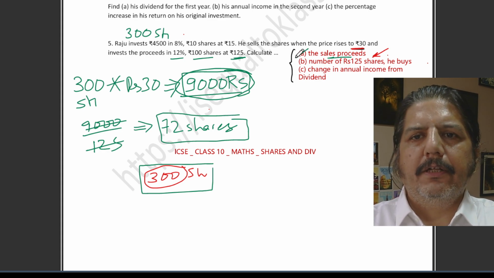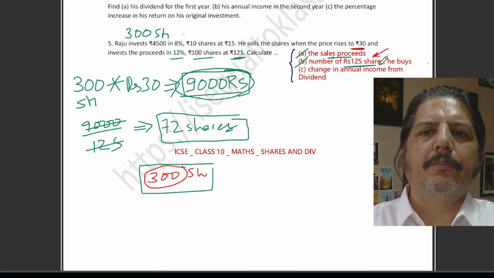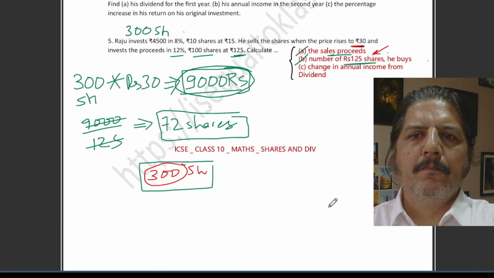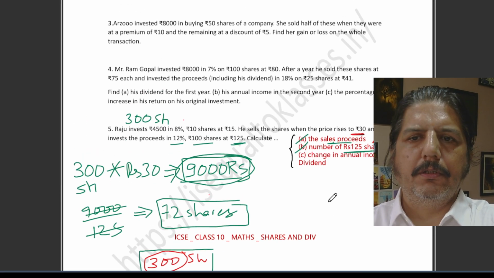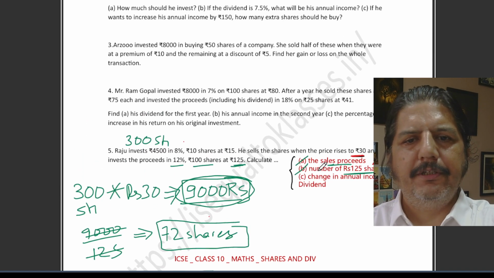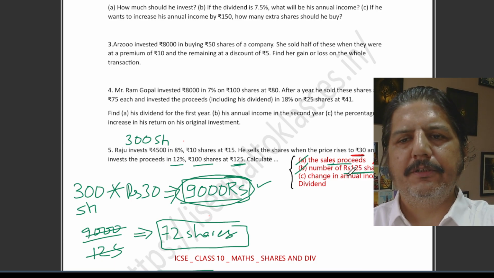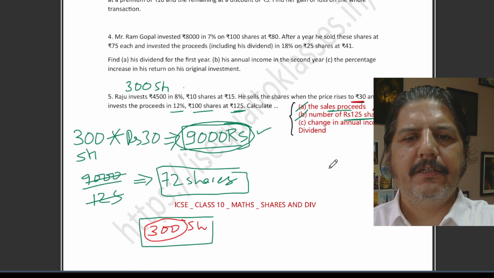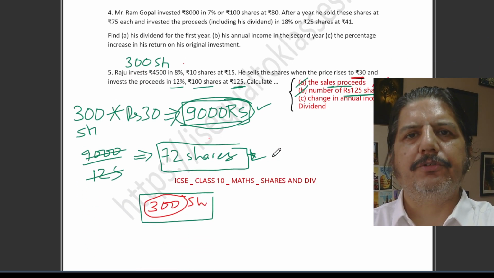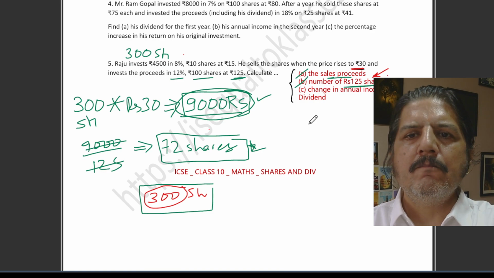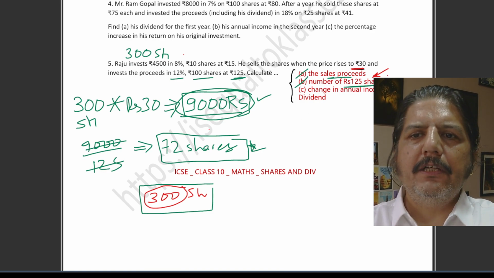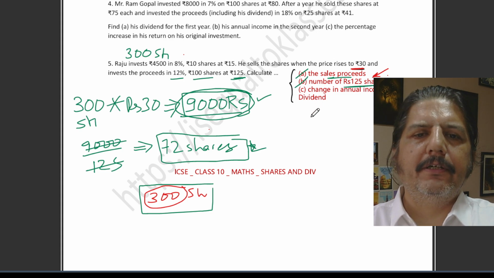So we have done the A part. B part is number of 125 shares he buys. This is the sales proceeds we have done. That is 9,000 rupees. The second part is number of 125 shares he buys. So the number of 125 shares that he buys is 72 shares. Hope this is clear. Now the third what he says is change in annual income from the dividend.